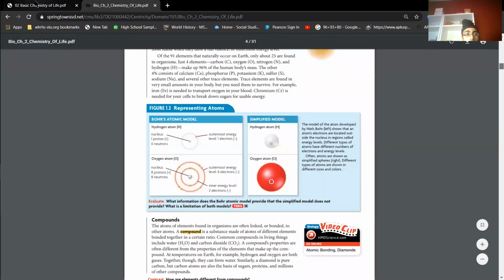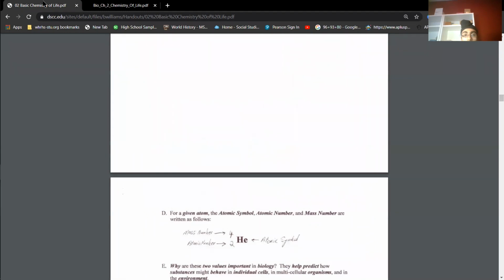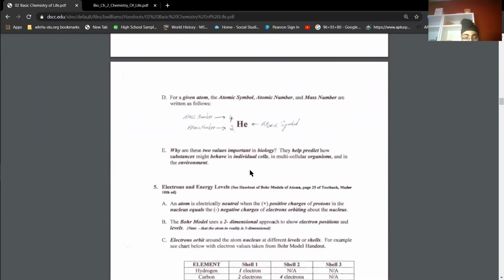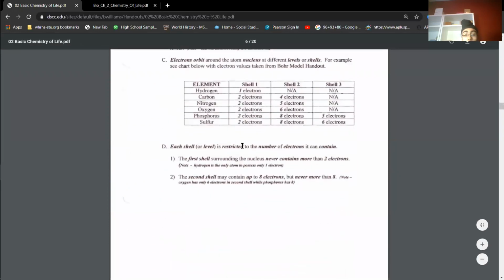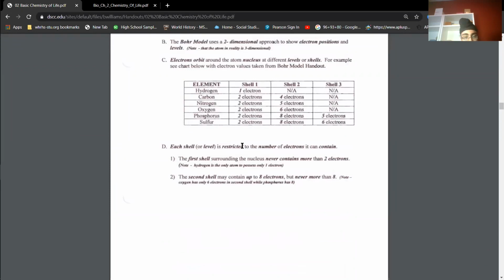There are certain properties of each of these electrons. Each shell or level is restricted in the number of electrons it can contain. The first shell, which is the shell closest to the nucleus, never contains more than 2 electrons. Then the second shell can never contain more than 8 electrons.